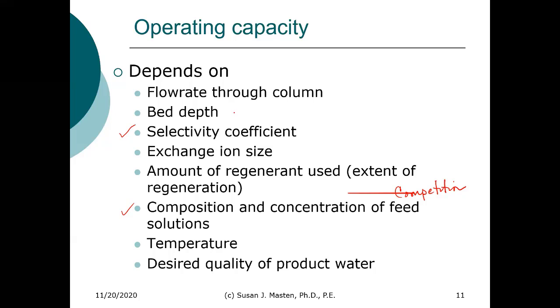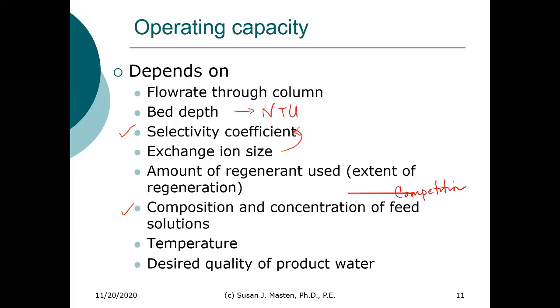It's a function of the bed depth. And there, we talked about the number of transfer units. So bed depth is related to the number of transfer units. The more transfer units, the better removal. Ion exchange, the exchange ion size, that's going to affect your selectivity coefficient. How well did you regenerate that resin?